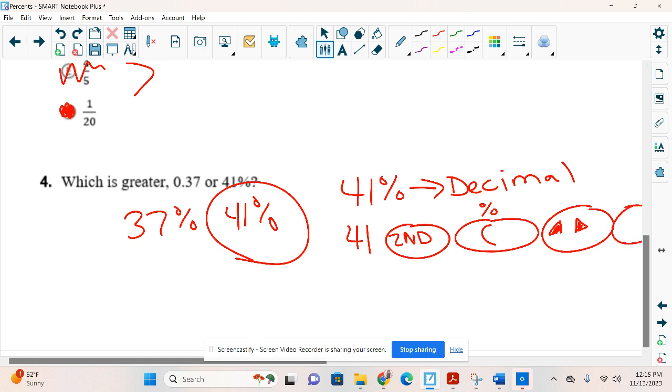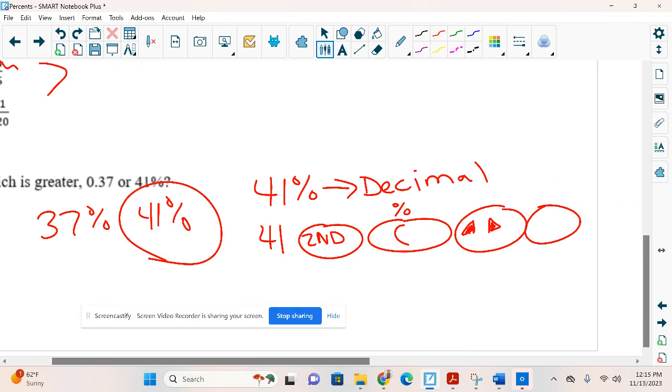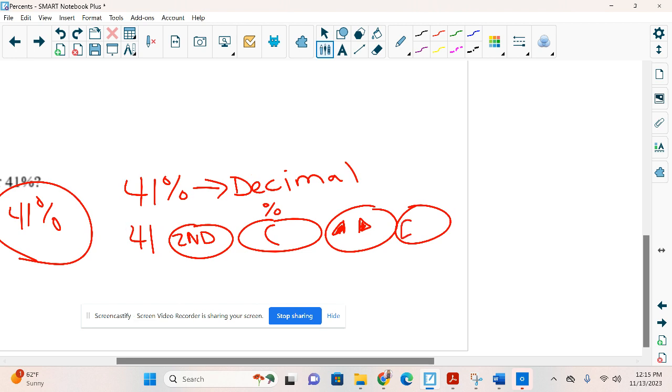Then I would hit enter. And then I would hit the double arrows again. That's how you go from a percent to a decimal. If I wanted to go from a percent to a fraction, I wouldn't have to hit the double arrow a second time.